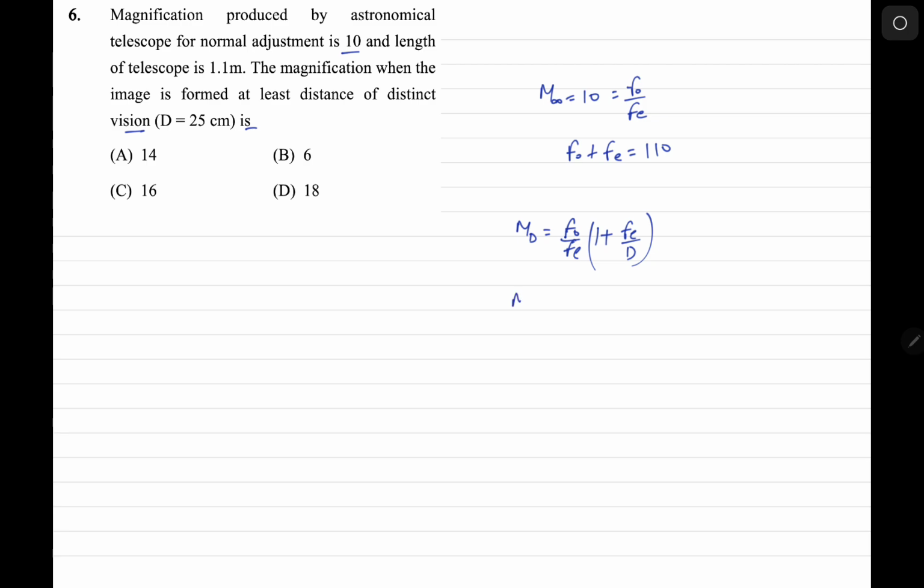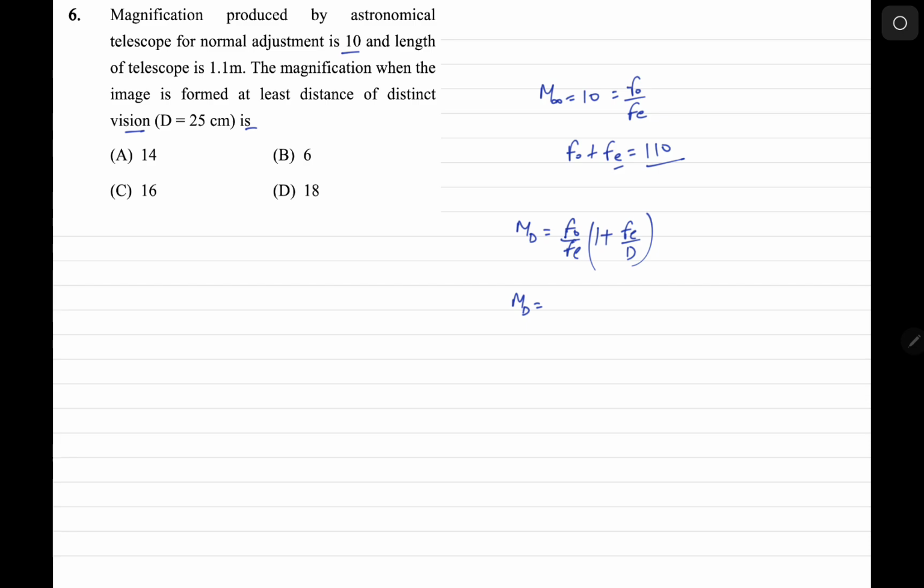Now just put the values. I think everything is given, right? FE we need to find anyway, so FO is 10 times FE.